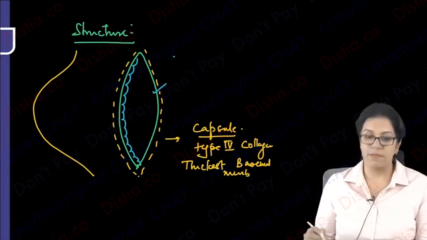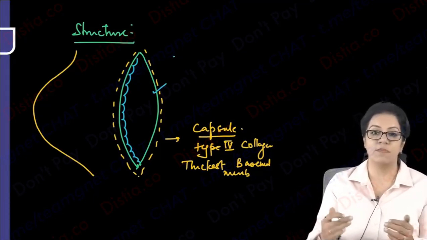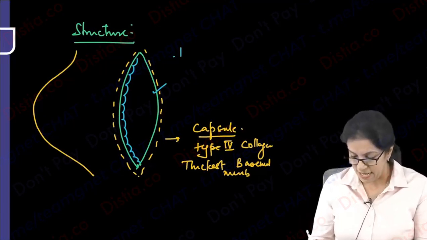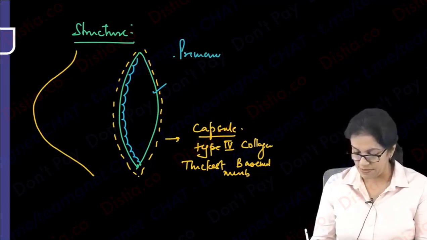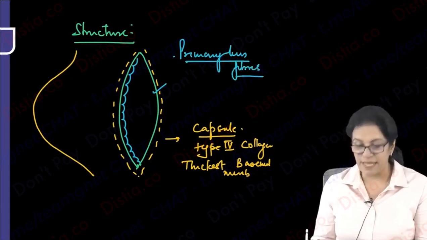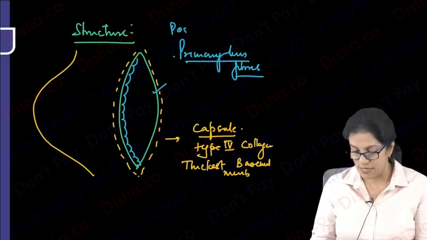And these lens fibers, which are directly coming from the posterior epithelial layer, are called primary lens fibers. Right? So what are primary lens fibers? Where the posterior epithelial layer has transformed into lens fibers.